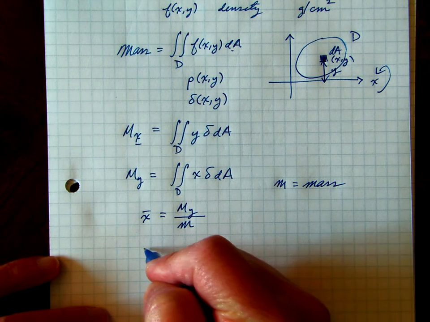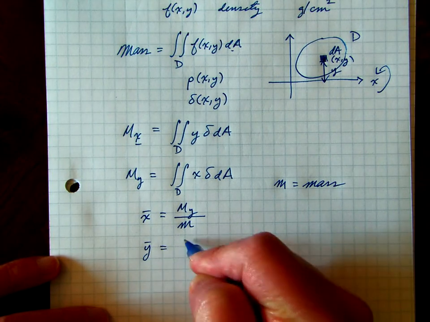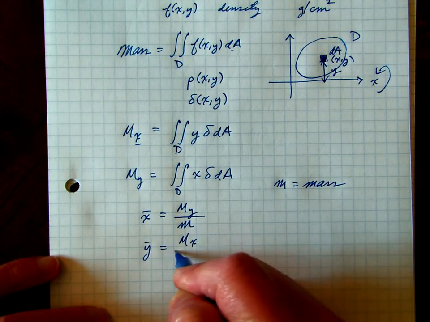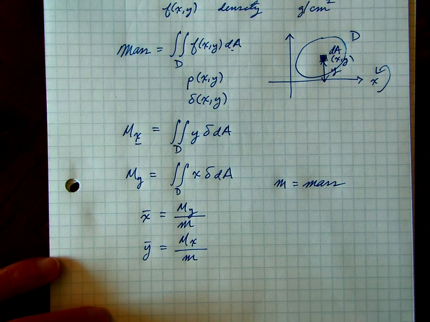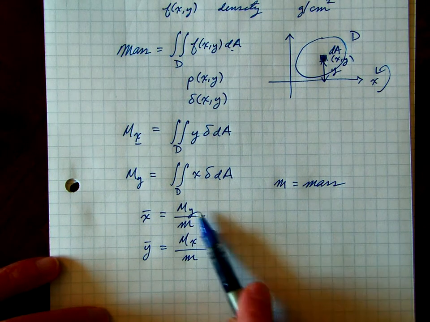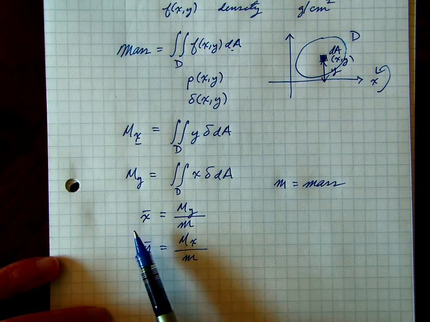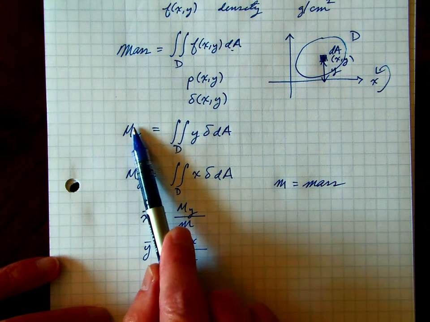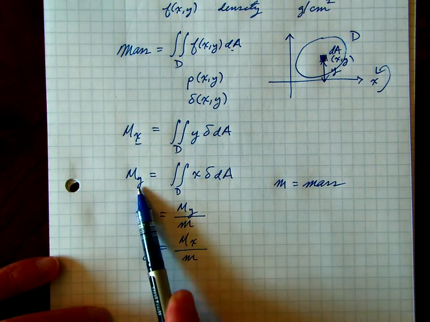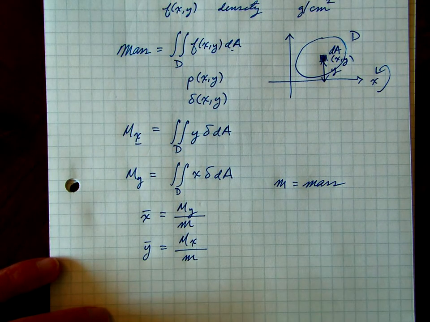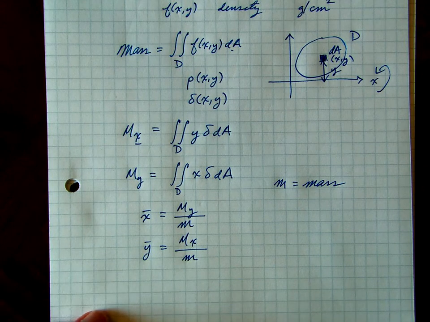And similarly, y bar is going to be Mx over m. And the sad truth is that most of the mistakes people tend to make with these is to get these reversed, and they forget that they need to compute Mx with a y in it and My with an x in it. If you've got those down, you're in pretty good shape.